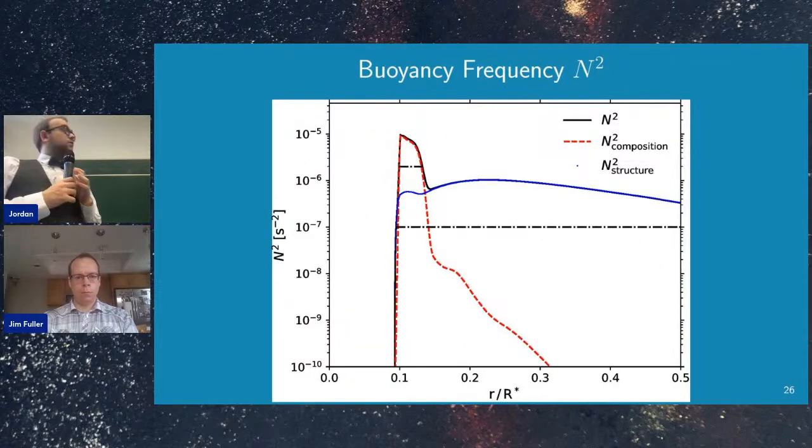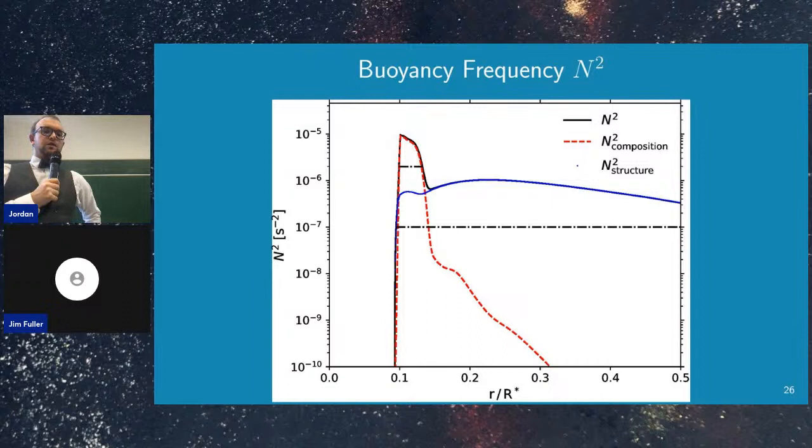What is also of importance in these specific stars is the buoyancy frequency, which is the natural frequency at which a gas element would rise up and down in a medium that is not convective.